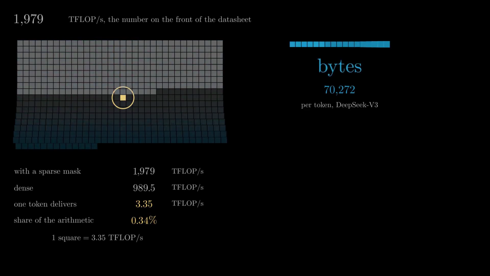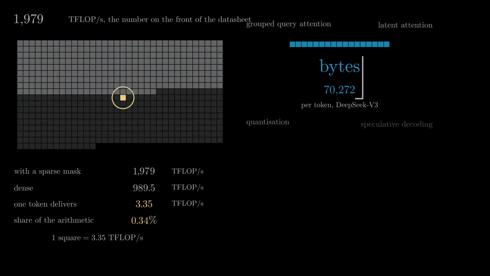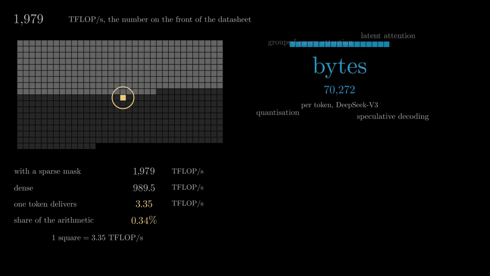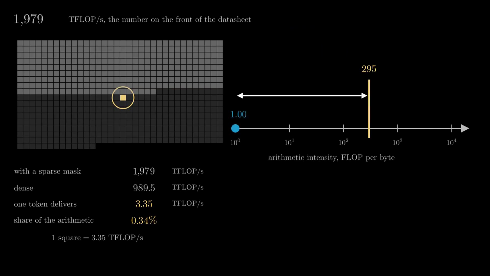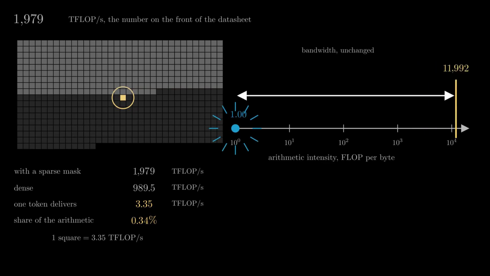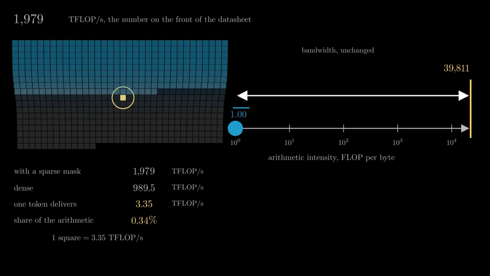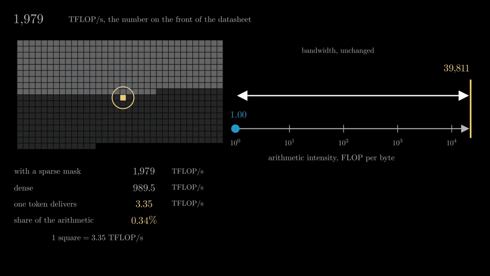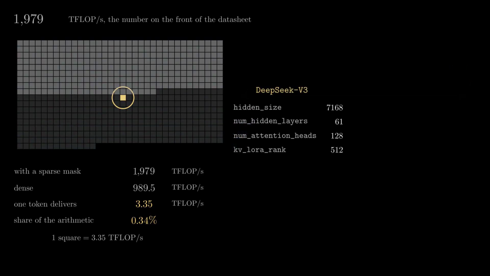Every serious efficiency result of the last 3 years has really been an argument about bytes, dressed up in the vocabulary of attention mechanisms. And the wall is not going anywhere, because the gap between arithmetic and bandwidth has been widening since long before any of this existed. And nothing about the shape of a transformer makes it narrow again.